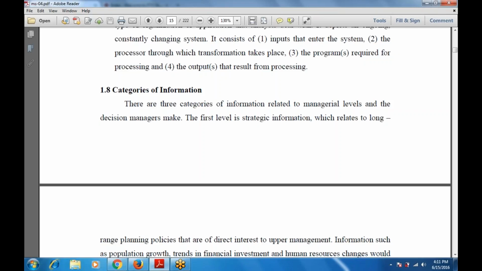There are three categories of information related to the managerial level and the decisions managers make. So on the basis of the managerial levels, there are three categories of information. The first level is the strategic information that relates to long range planning processes or policies that are of direct interest to the upper management.